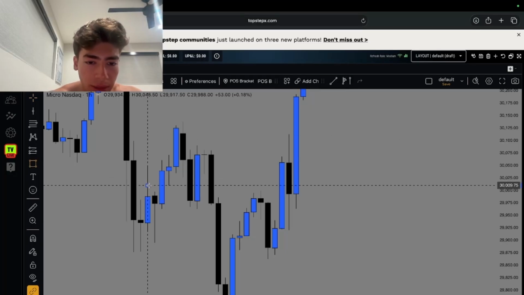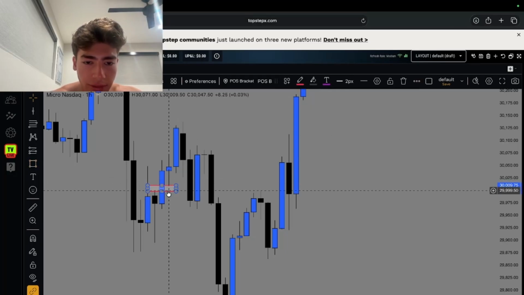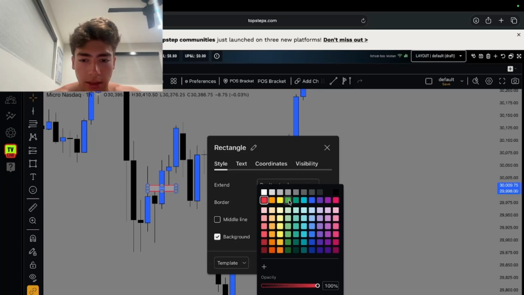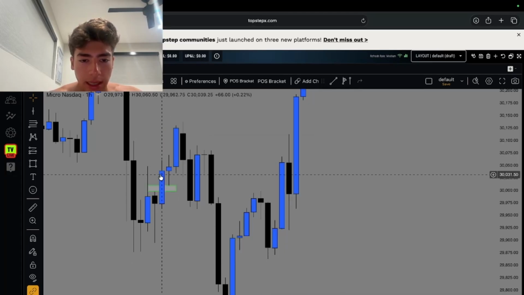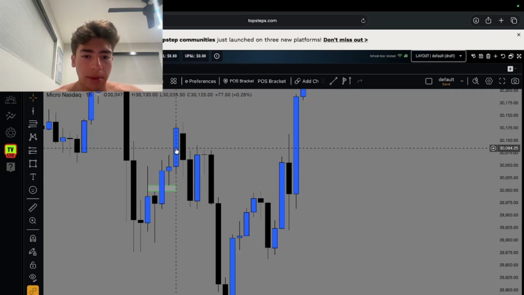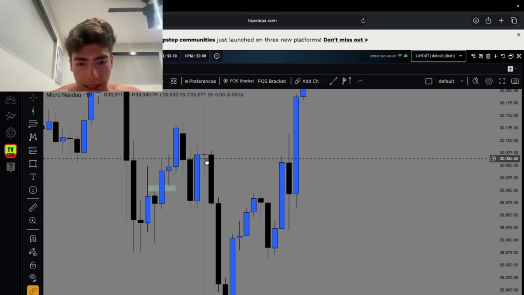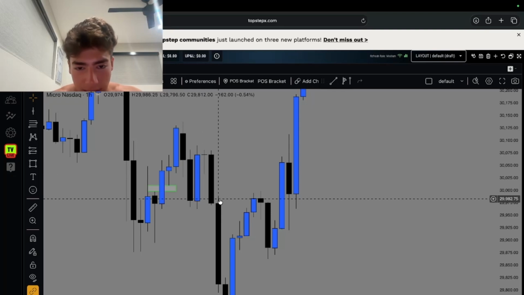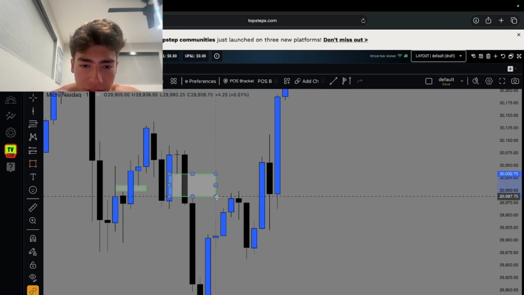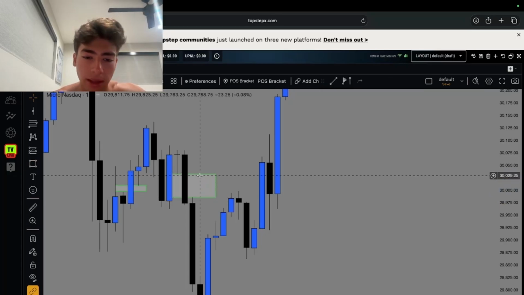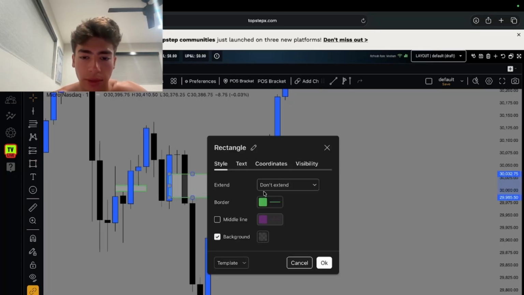That's a smaller one, a smaller bullish fair value gap. There we go. This candle, this candle, this candle, no gap. This candle, this candle, this candle, no gap. This candle, this candle, this candle, yeah, there's a gap. That's a bearish fair value gap because it's black candles, downward moving candles.